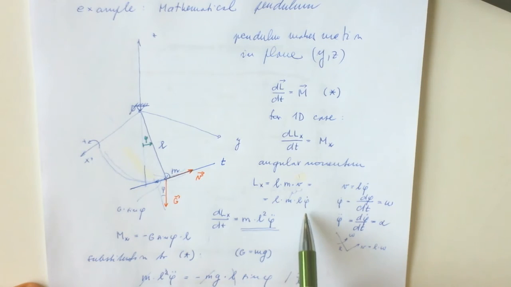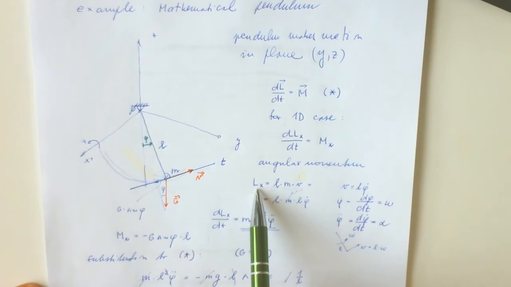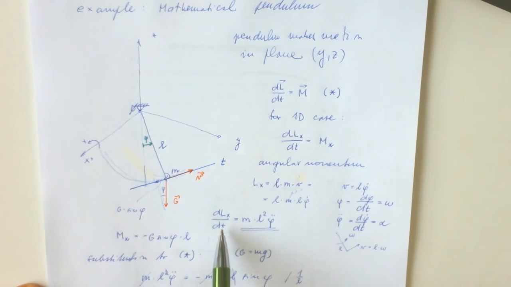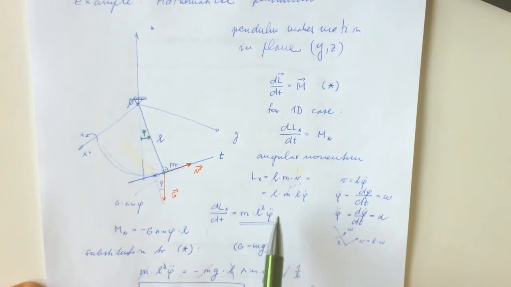So we can continue. We can take the derivative of Lx with respect to time. The only physical quantity that needs to be differentiated is phi, because this is the only physical quantity changing in time. L is a radius, it is constant, mass is constant, so we can rewrite it.